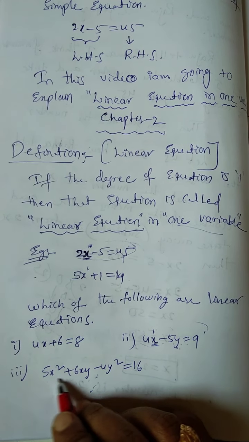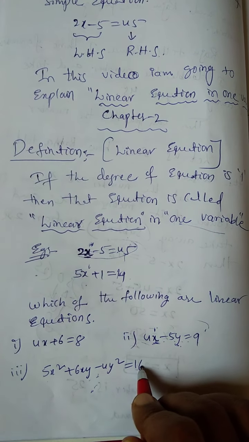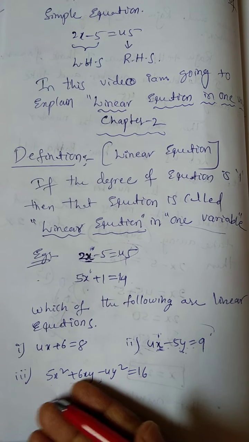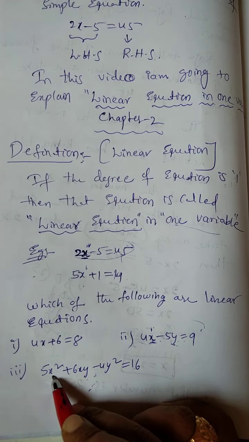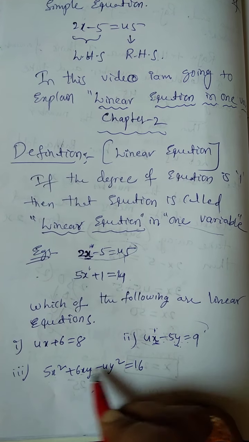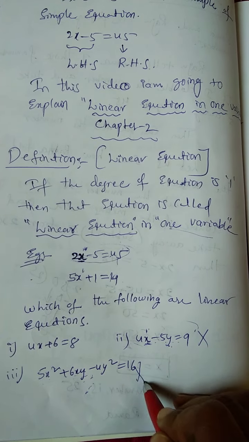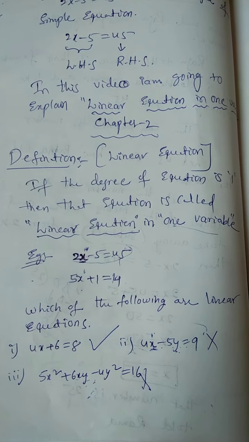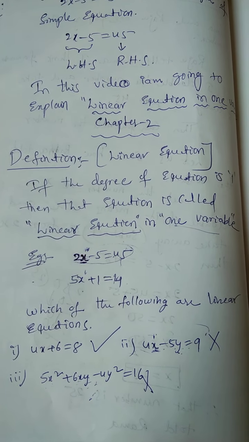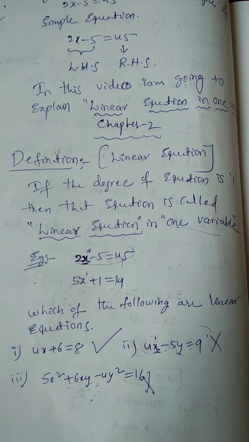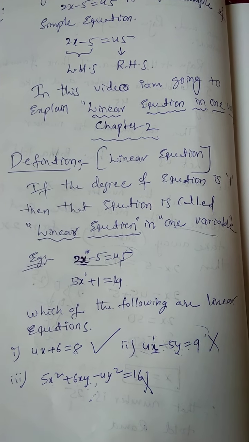Here also it is not a linear equation in one variable, because we can see that two variables are there and the power is also 2. So these two are not linear equations in one variable. This is a linear equation in one variable. Like this we can find the linear equation in one variable from the given equations.